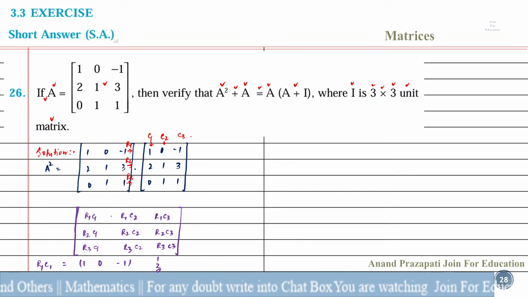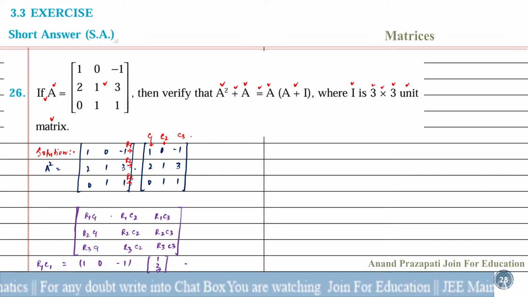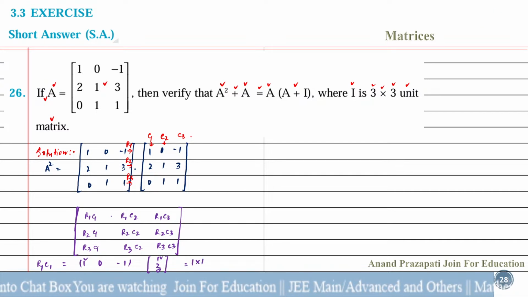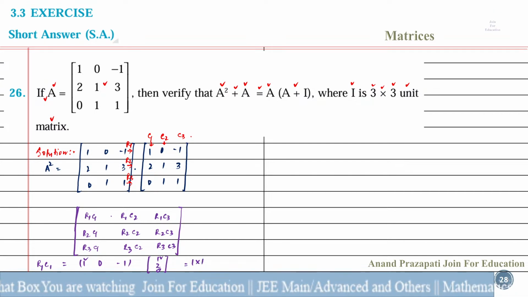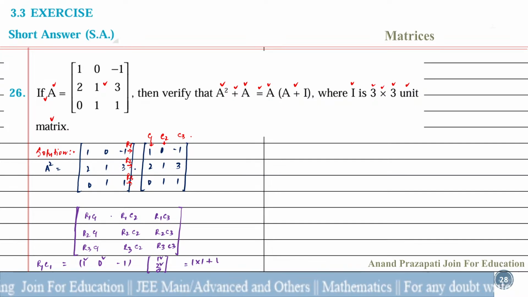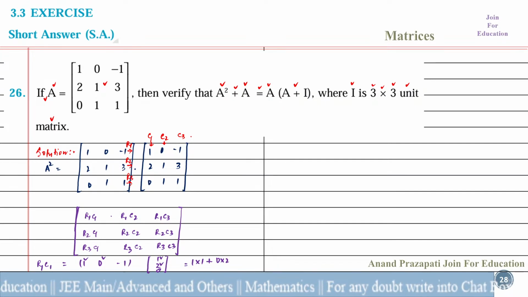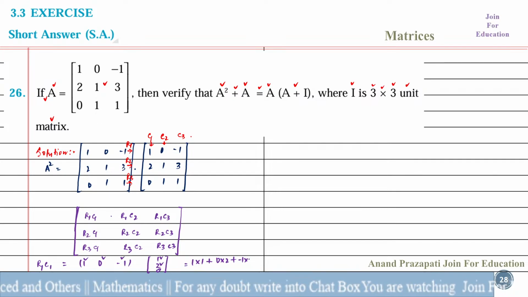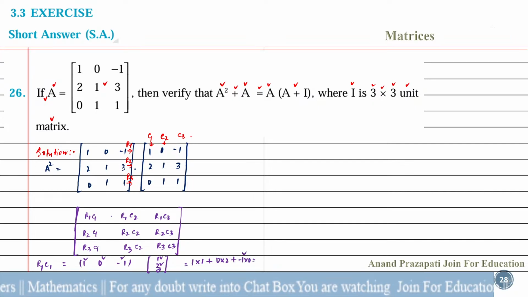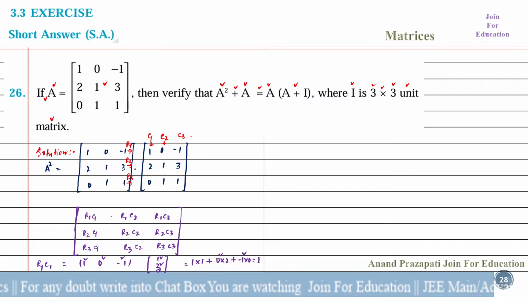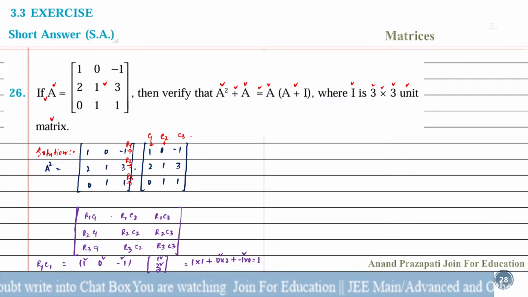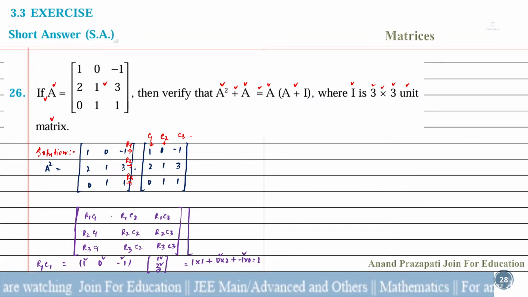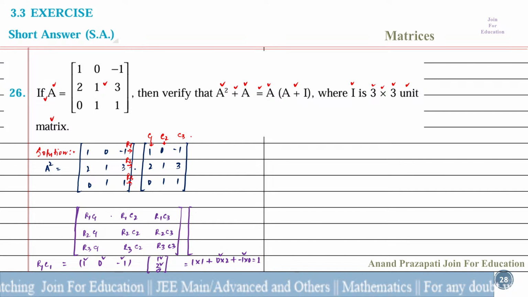So the multiplication of this one will be 1 into 1, plus 0 into 2, and plus minus 1 into 0. Then we get 1, 0, 0. Therefore, R1 C1 equal to 1. So we continue.